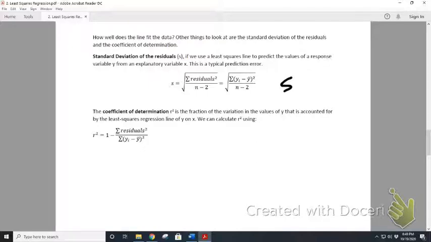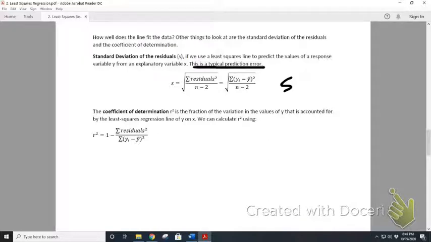There are other cases, like next spring when we're going to deal with linear regression, and you'll see an S, but it'll have a little b right next to it, and that's standard deviation of the slope. So if you ever see just an S by itself, that is standard deviation of the residuals, and that's the typical prediction error. Like on average, the prediction is off by that much.